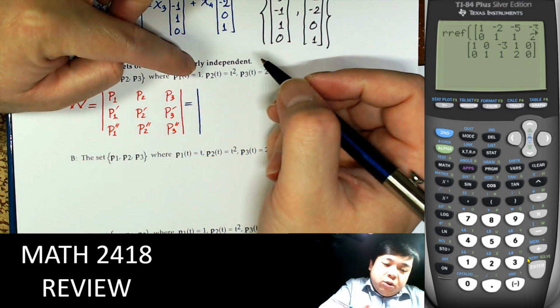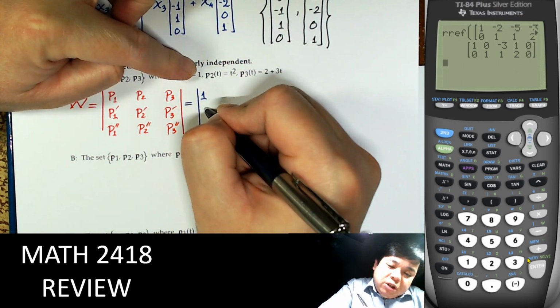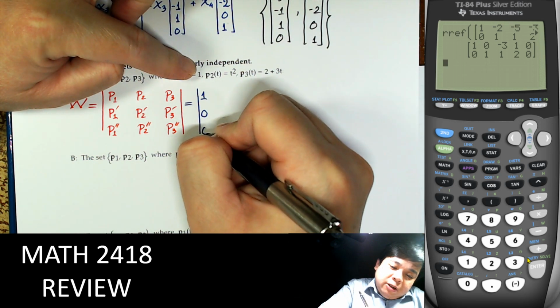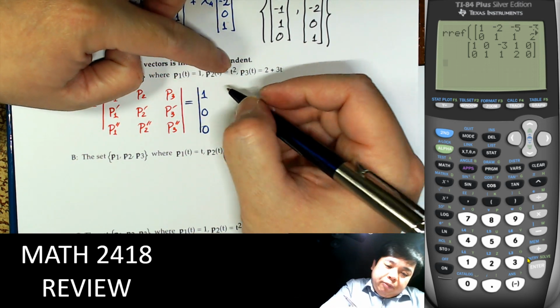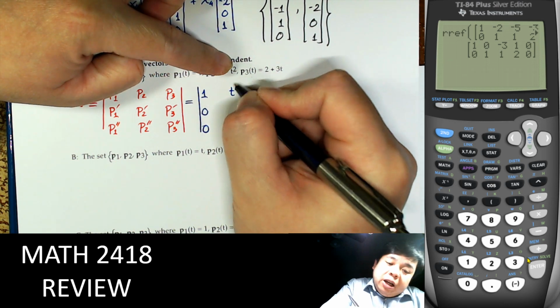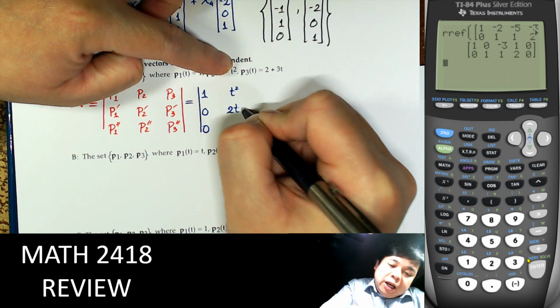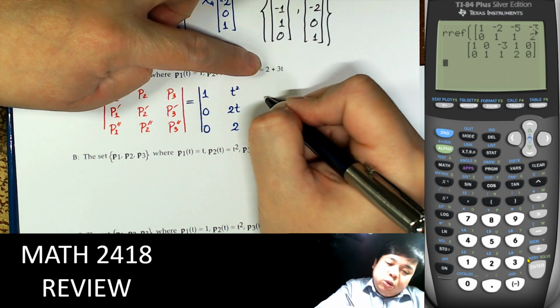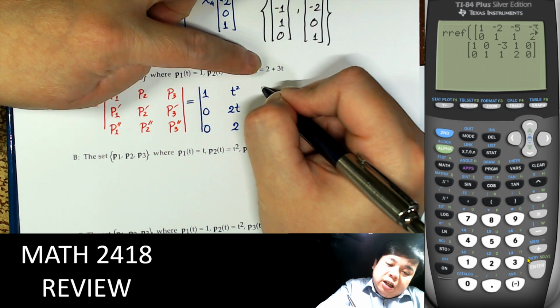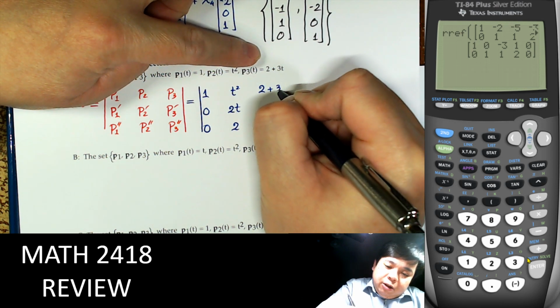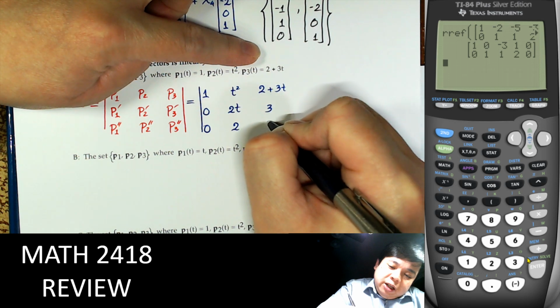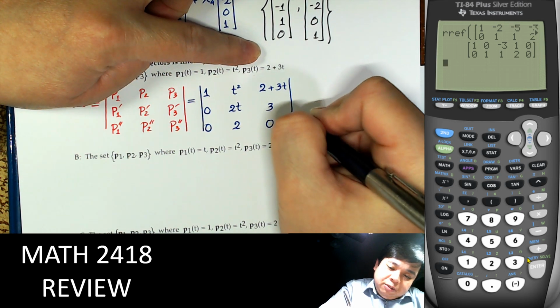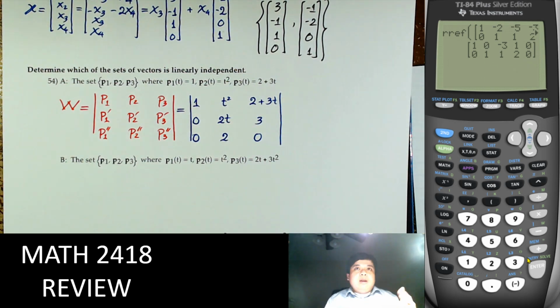P1 is 1, and its derivatives are 0 and 0. P2 is t squared, with derivatives 2t and 2. P3 is 2 plus 3t, and its derivative is 3 and then 0. And then we just find the determinant of this.